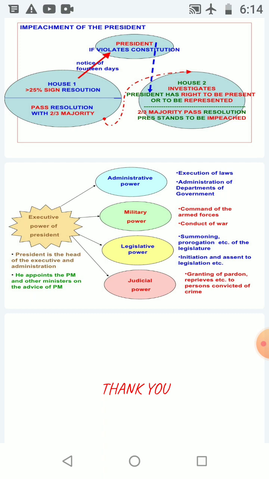He distributes the share of income tax among the states and also appoints the finance commission. In this way, we can say that the president enjoys the right to be informed of all important matters and the functioning of the council of ministers.